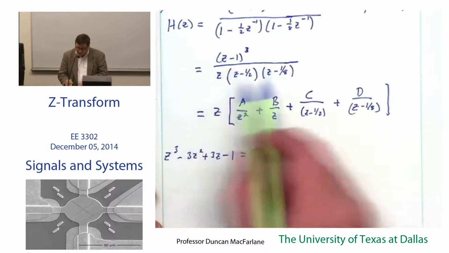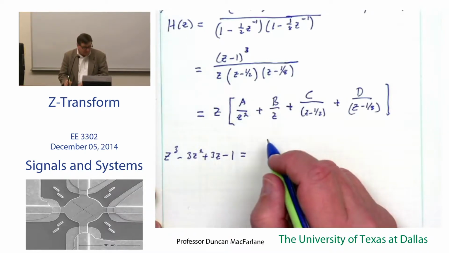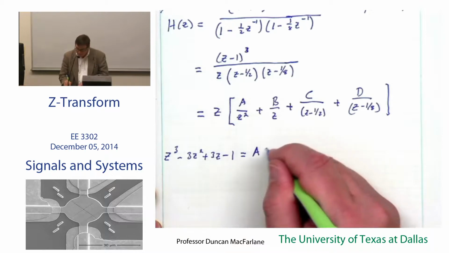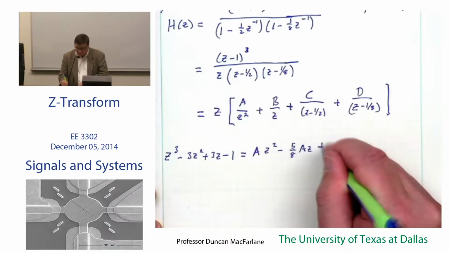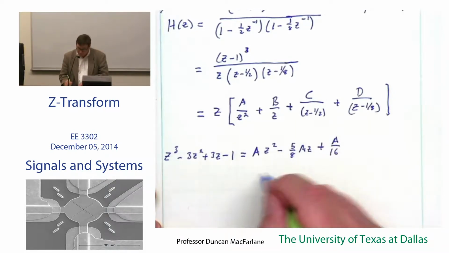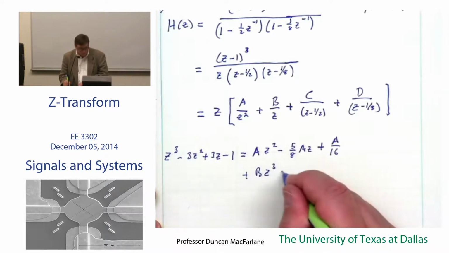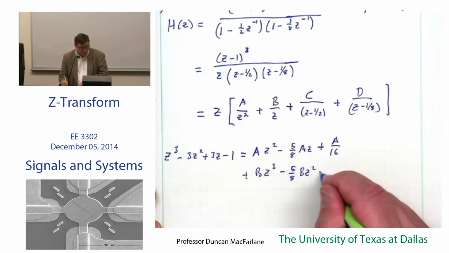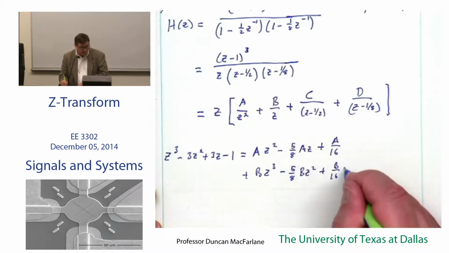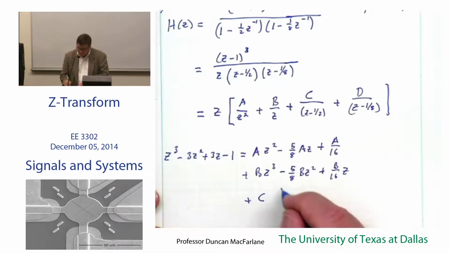Multiply through across all these, and you have A z squared minus 5/8 A z plus A over 16, plus B z cubed minus 5/8 B z squared plus B over 16 z, plus C z cubed minus C 1/8 z squared, plus D z cubed minus D 1/8 z squared.